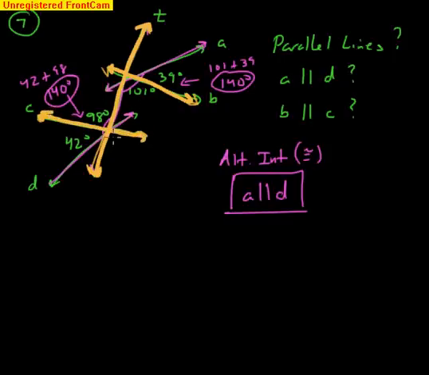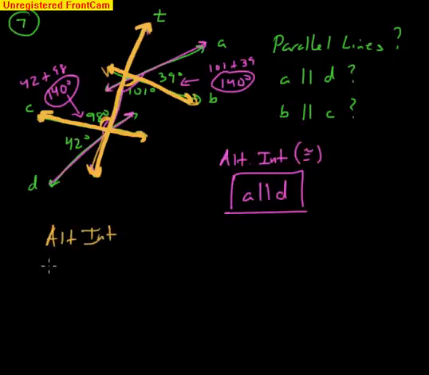So we need to now look at, again, alternate interior angles. Look, here's my two lines. There's my transversal. This angle right here, just this small one right there, and this angle right here, they are alternate interior angles.